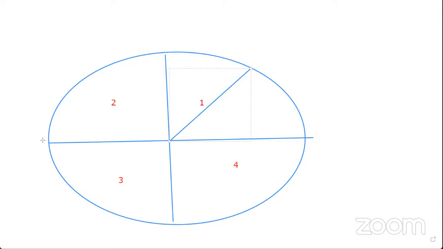If something is more than 450 and less than 540, it will be in the second quadrant. If it is more than 540 and less than 630, that will be in the third quadrant. If it is more than 630 and less than 720, it will always be in the fourth quadrant.